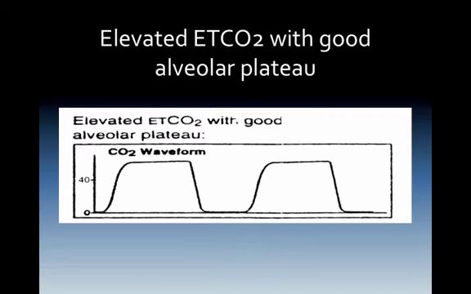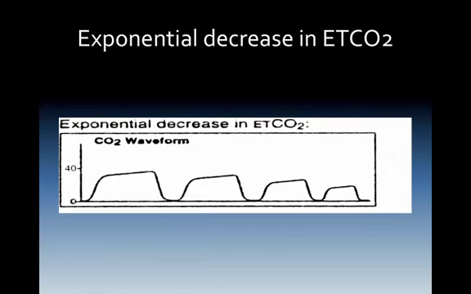Elevated end-tidal CO2 with good alveolar plateau. Hypoventilation, the patient isn't being ventilated enough due to their illness, injury, or their ventilations. Hyperthermia, pain, shivering, and an increase in metabolism could also do this. More cellular tailpipes producing CO2. Exponential decrease in end-tidal CO2. This could be that the patient is going into cardiac arrest.